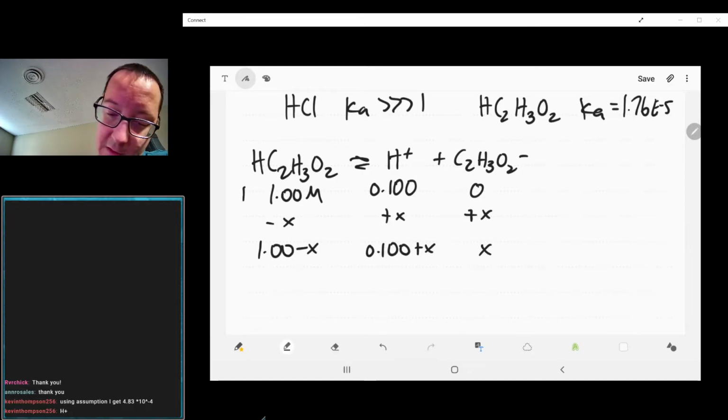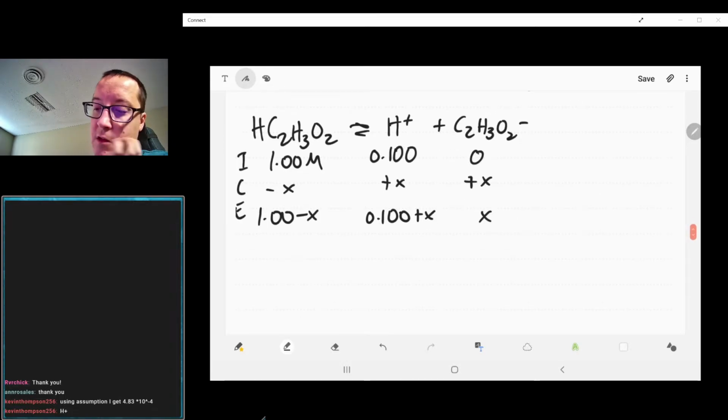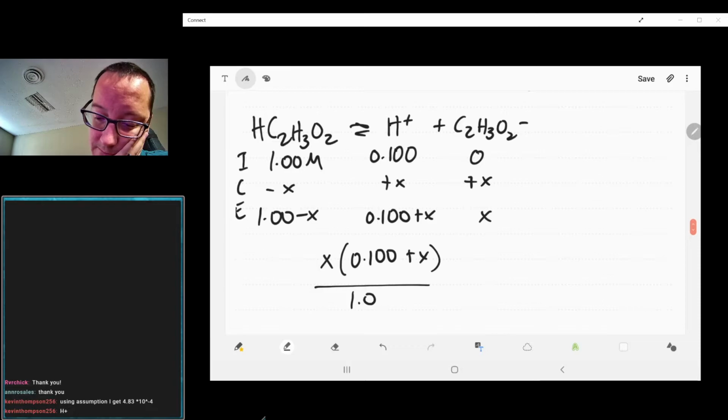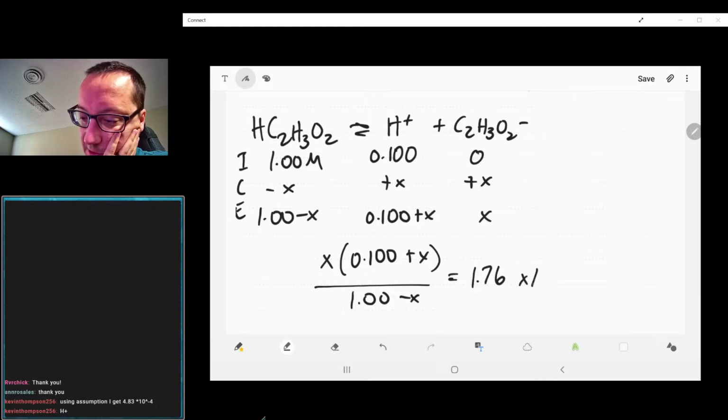If we do this again, we have our equilibrium concentrations here. So we get x equals, what was it, 1.76 times 10 to the negative 5. That's our Ka. Let's do our assumption here.